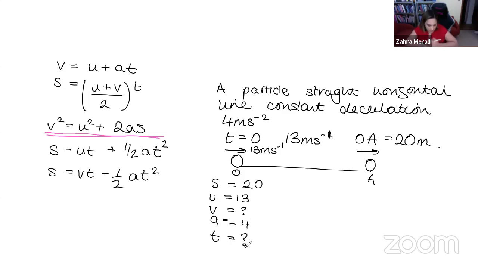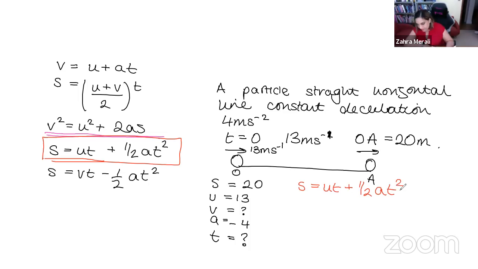So we don't need the V, but we want to find out the T, and we have everything else. So we look over to our equations, and we see that the equation we probably need to use is this one over here. So we get S equals UT plus 1/2 AT squared. S is 20. We get 13T plus 1/2, our A was -4, T squared.